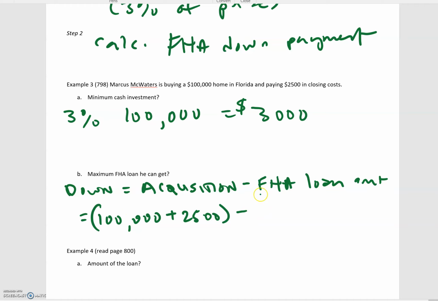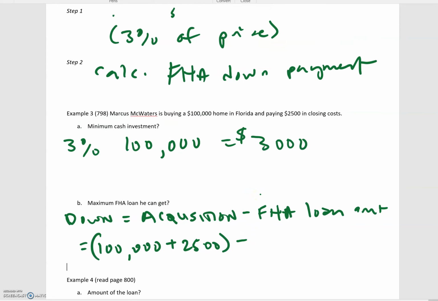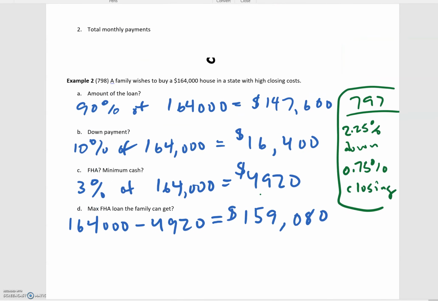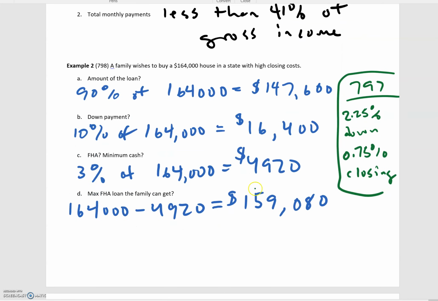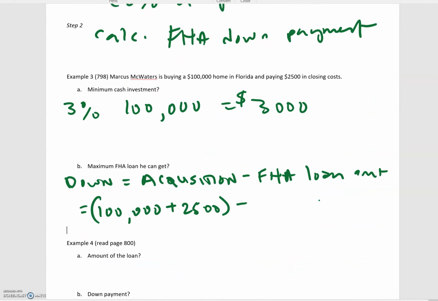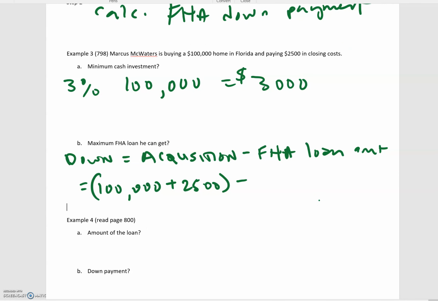And so if you remember from above in that green box, that can be 2.25% down. So that means that the loan would have to be 97.75% of $100,000, minus the loan amount.